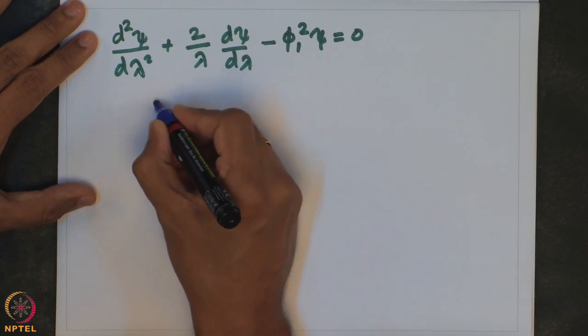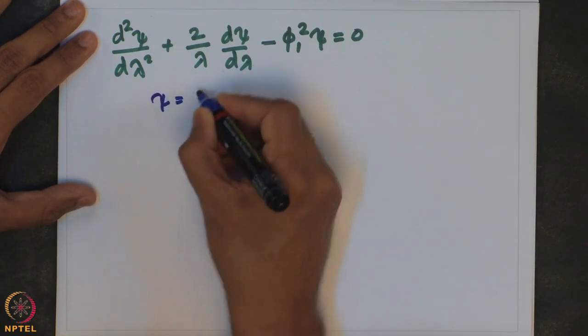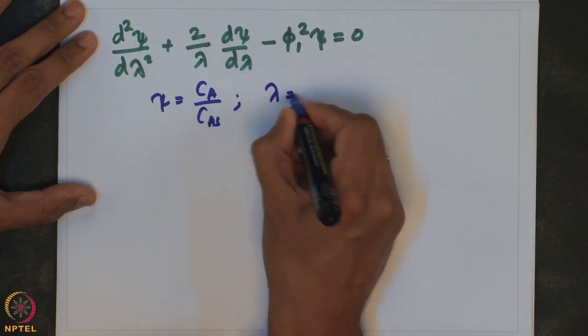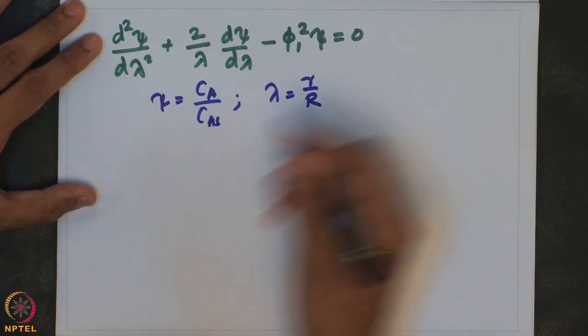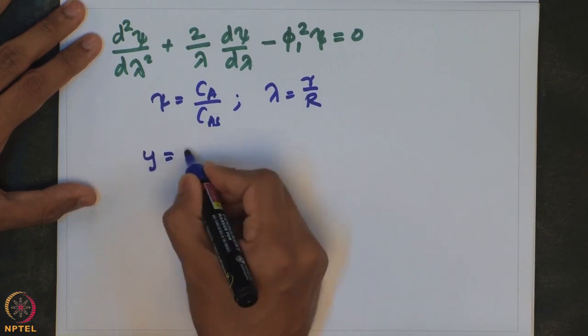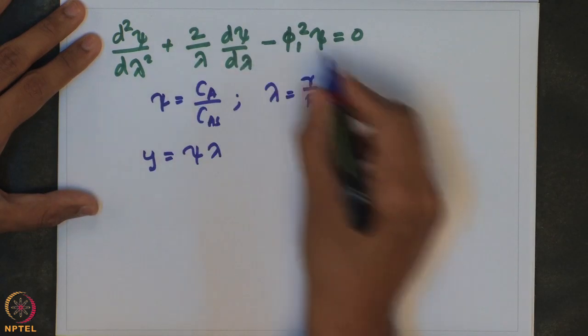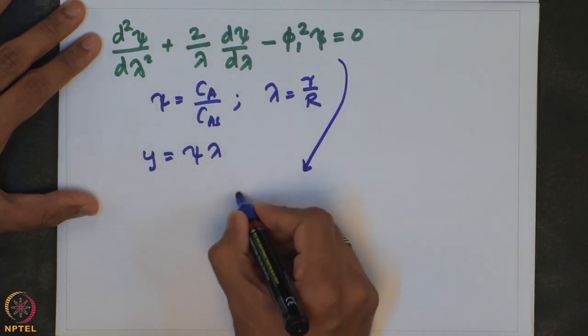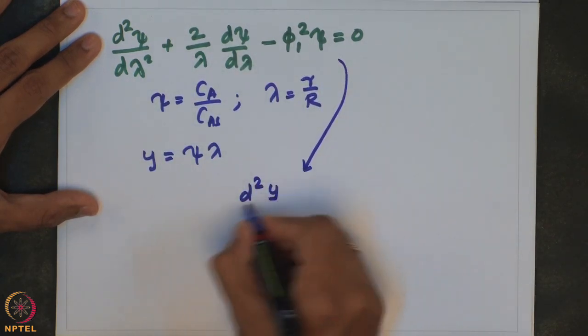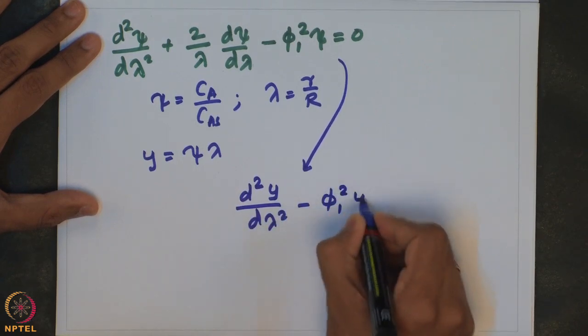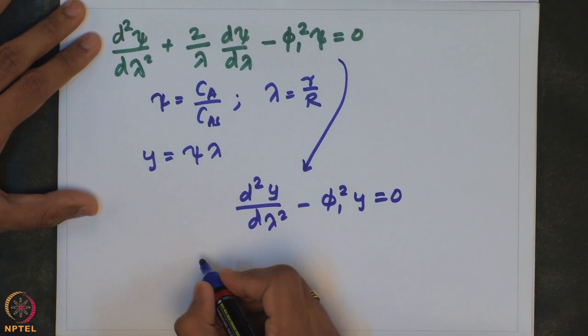We introduce this transformation where the dimensionless quantity psi is essentially Ca by Cas and lambda is r by capital R. We then introduce the transformation y equal to psi times lambda, which led to reduction of this model equation into d square y by d lambda square minus phi 1 square y equal to 0.